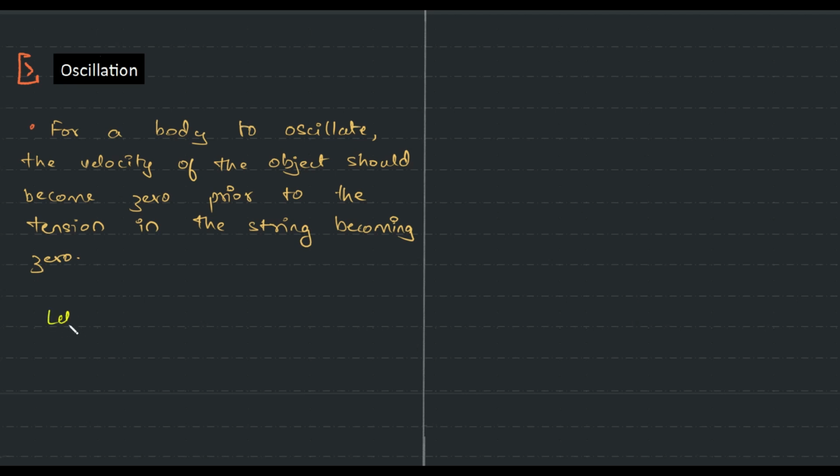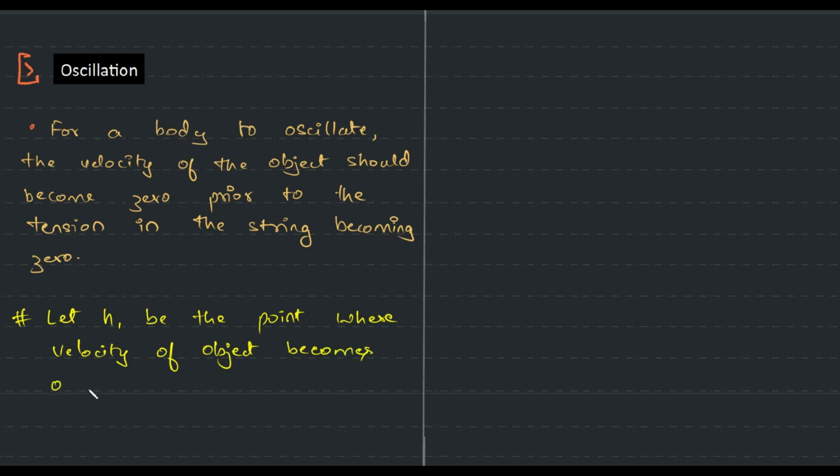let's figure out 2 or 3 points. Let H1 be the point where the velocity of the object, in this case body actually, becomes 0 meter per second.